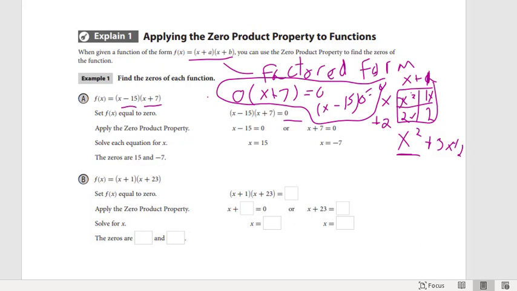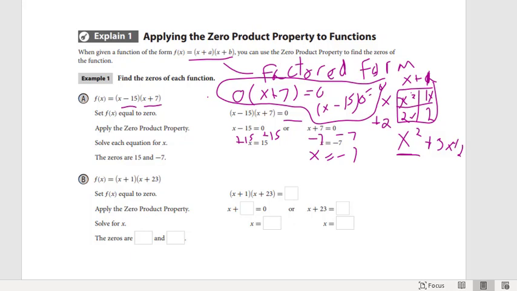So what I'm going to do is set each part equal to 0 and solve for x. In this case, add 15 to both sides, and I get x equals 15. In this case, subtract 7 from both sides, and I can find out what value of x would make this whole equation 0.